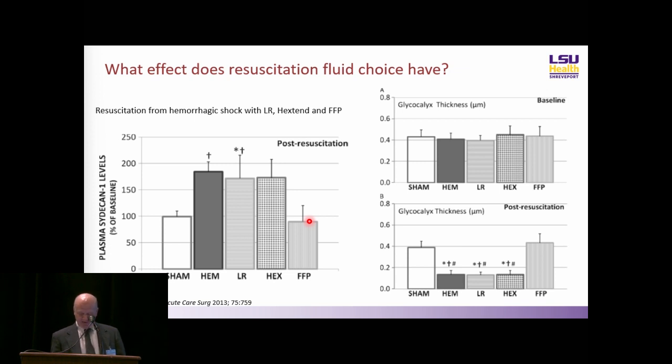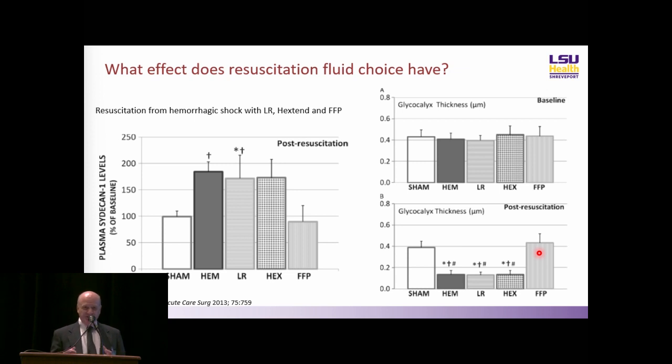And likewise, this shows the thickness of the glycocalyx at baseline before the hemorrhage, about 0.4 nanometers thick. However, following resuscitation, just as we saw a drop in the injury pattern, we also saw a restoration of the thickness of the glycocalyx. So plasma proteins are going to play an important role in the permeability.